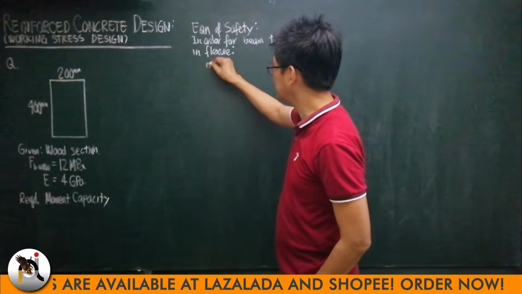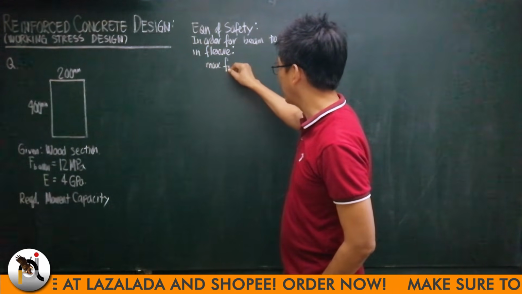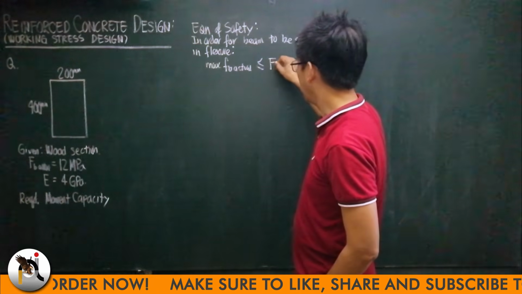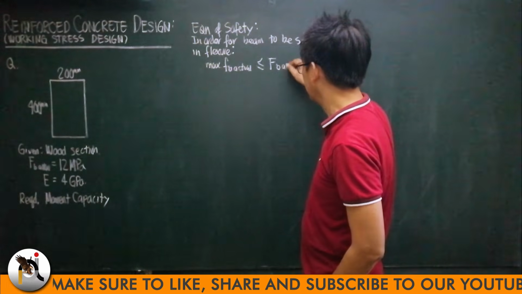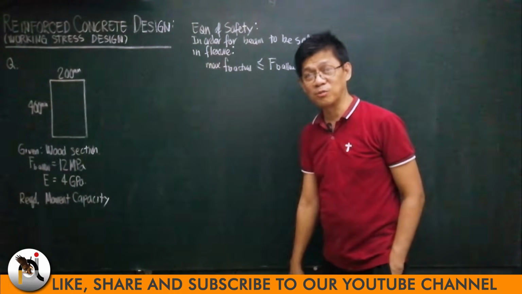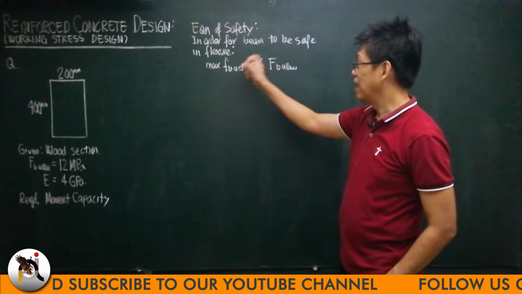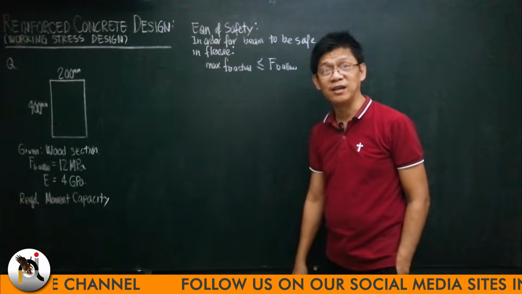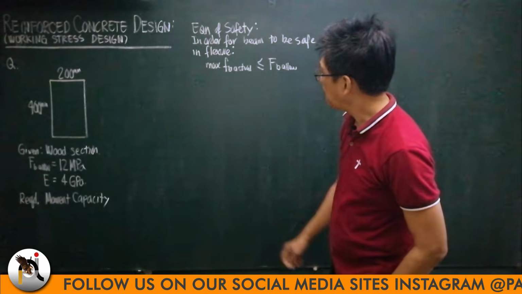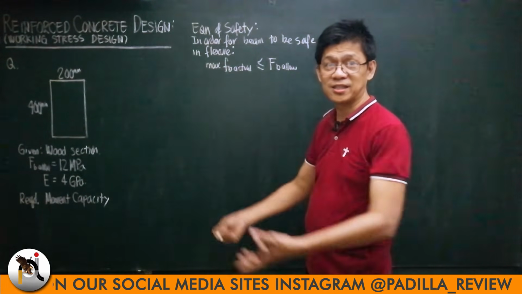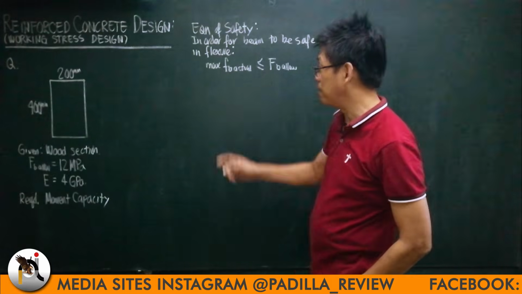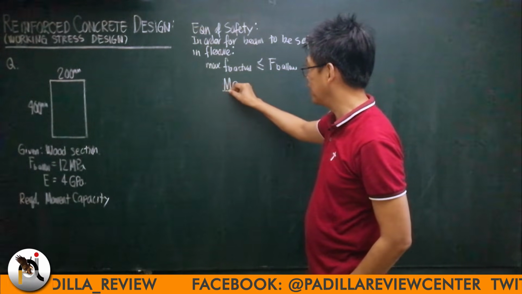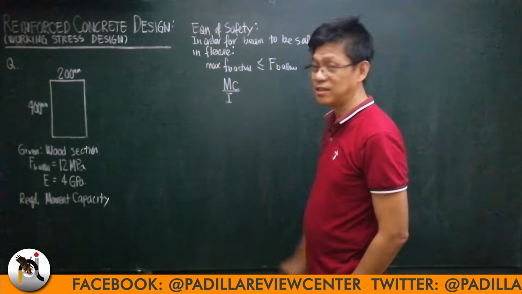The maximum actual bending stress must be less than the allowable bending stress. Normally, we designate the actual stress by a small letter, the allowable stress by a big letter. So, actual bending stress due to moment or bending is given by MC over I, right?